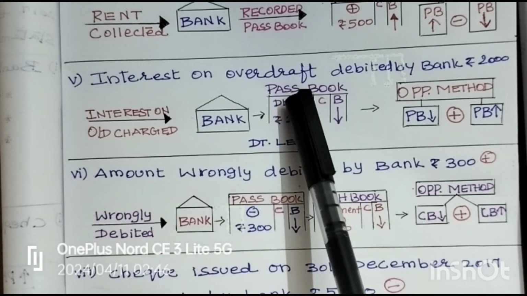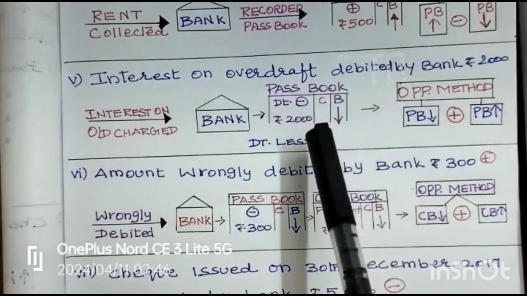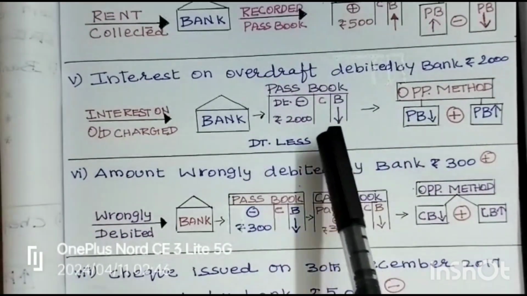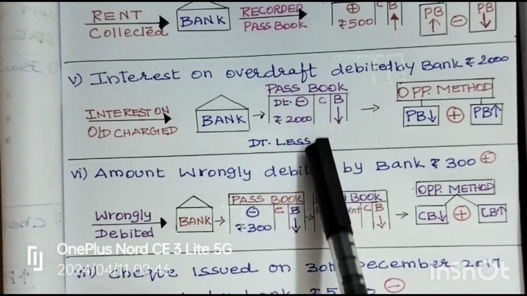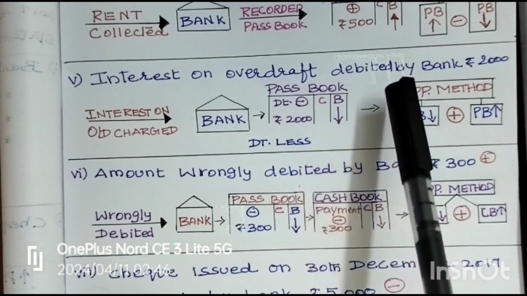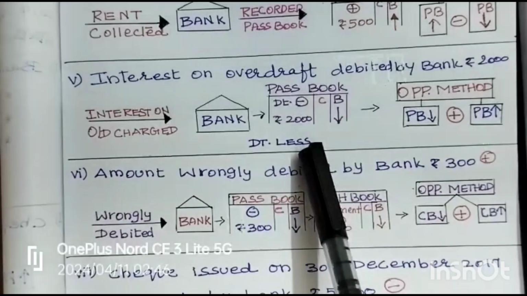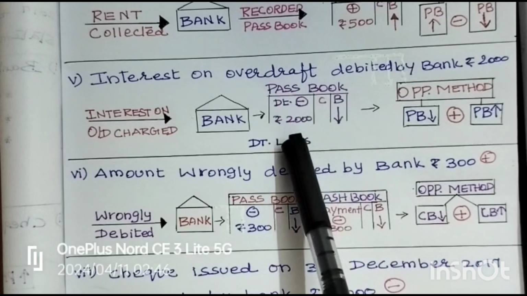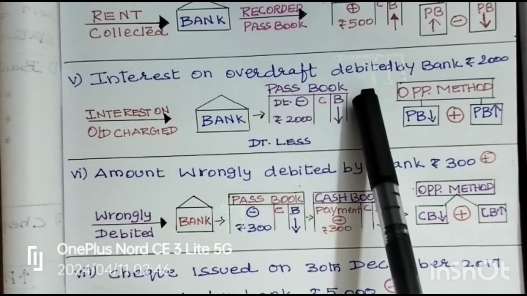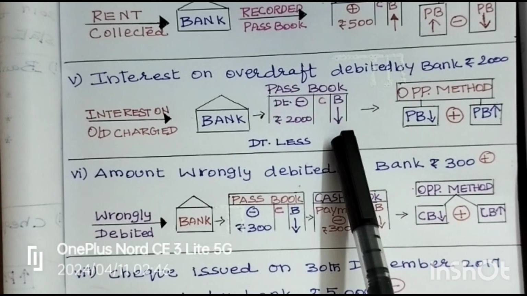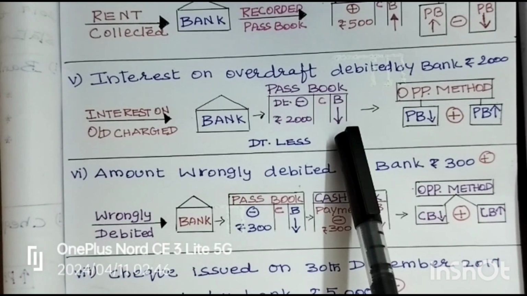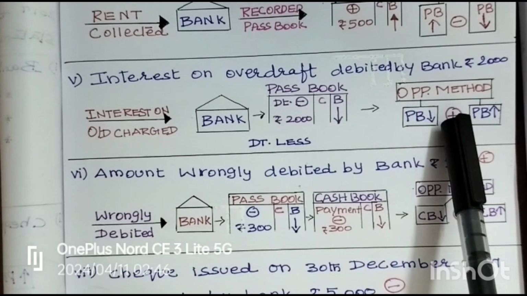Are you clear? So debited means reduced, deducted, less, subtracted. Okay. What is meant by debited? Deducted, subtracted, reduced, like that. Okay. So bank overdraft debited means in your bank passbook it will be reduced, decreased. So we are following the opposite method.